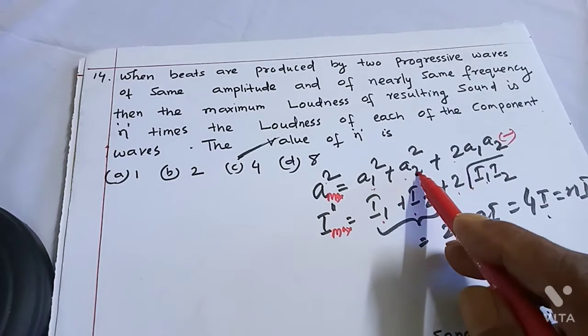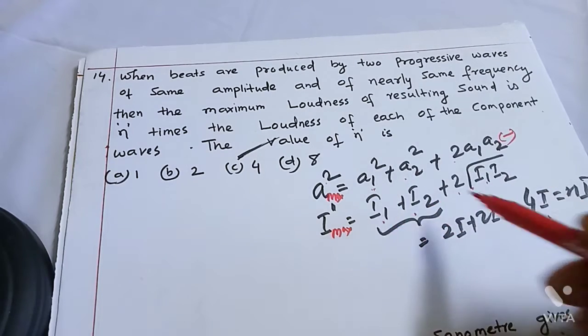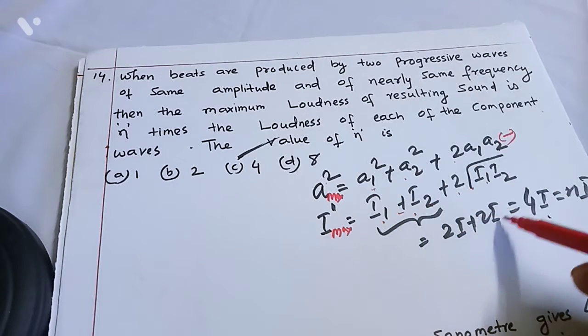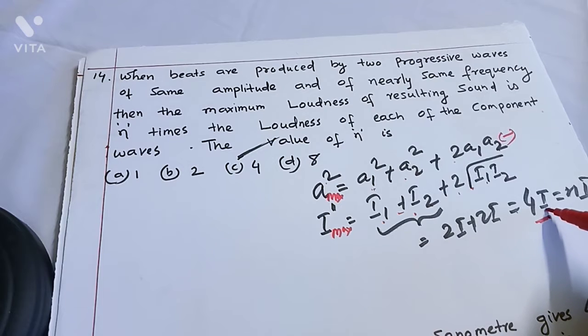Since amplitudes are equal, it becomes I plus I plus 2I equals 4I, where I is the intensity of each component. So I maximum equals 4 times I, here n becomes equal to 4. The answer is C, that is 4.